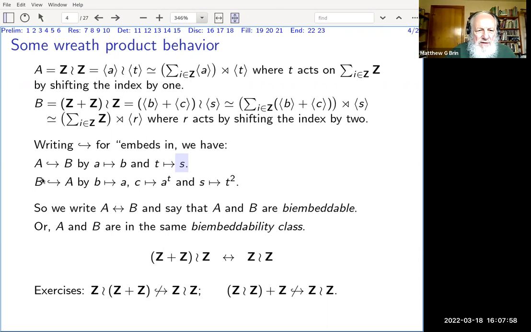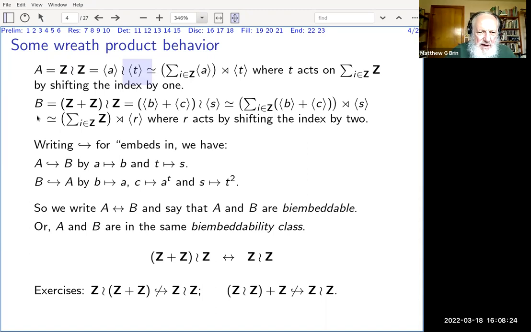On the other hand, B embeds in A by sending the left z to the original bottom z, sending the right z to a conjugate of the bottom z, and then you send the generator at the top to the square of the generator here, and that embeds B in A as an index 2 subgroup.